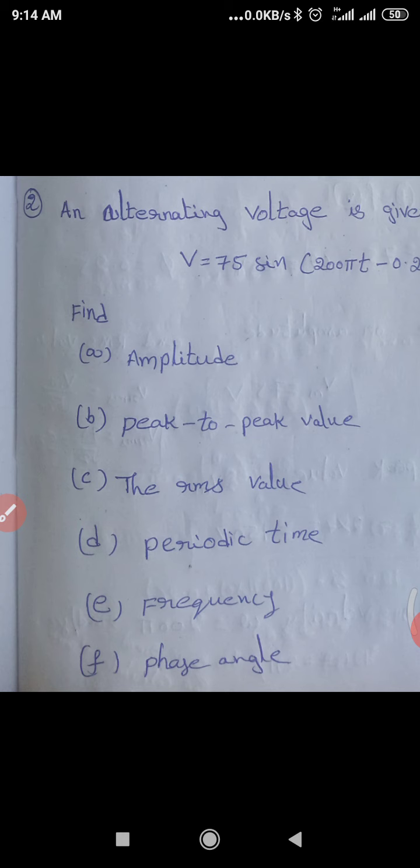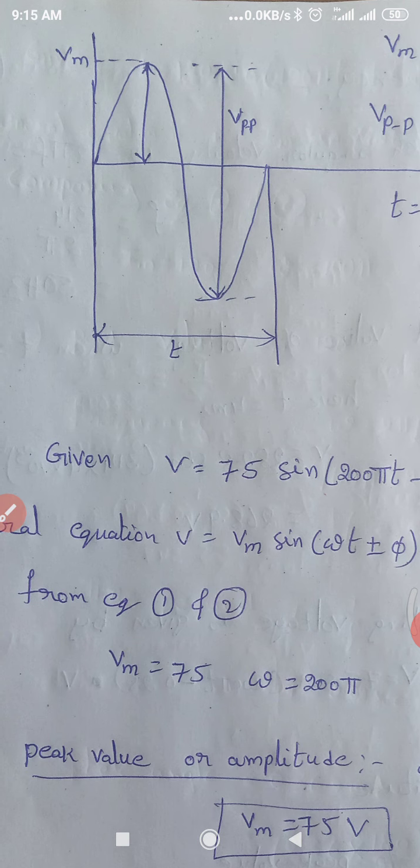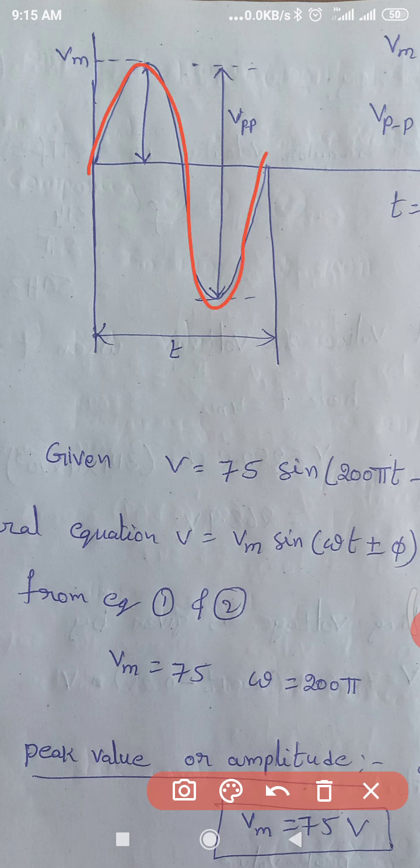Already we discussed this at the starting of this chapter. Again I am repeating these basics. See here, let us consider a sine wave. From the axis to the maximum value, this is called the maximum value. That is nothing but the maximum amplitude of the given sine wave.